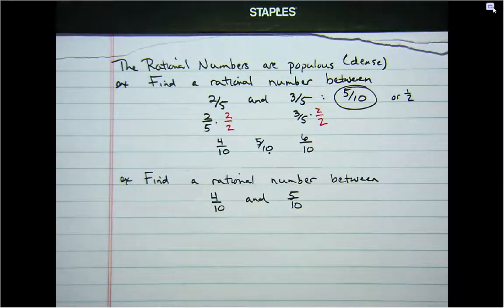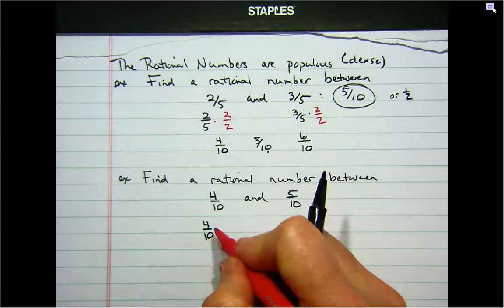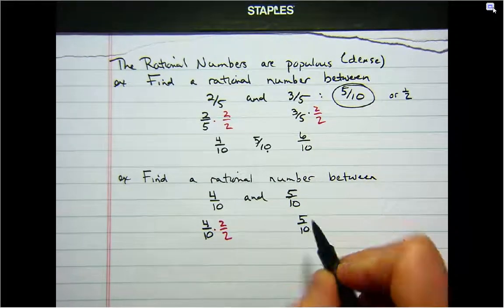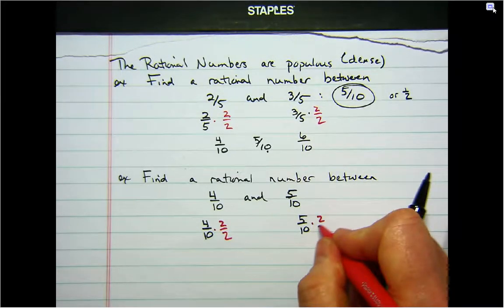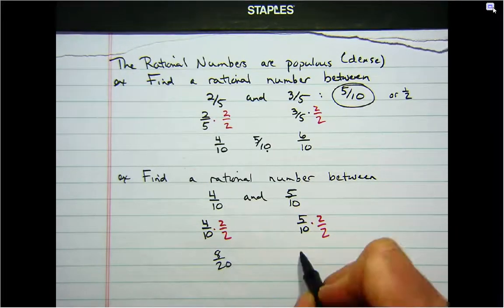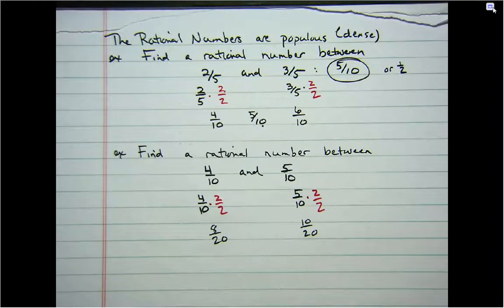But we could use the same approach. So let's use the same approach. Let's take each of these little fractions and multiply them by 2/2. So we have 8/20 and 10/20, and both of these are still what they started out.